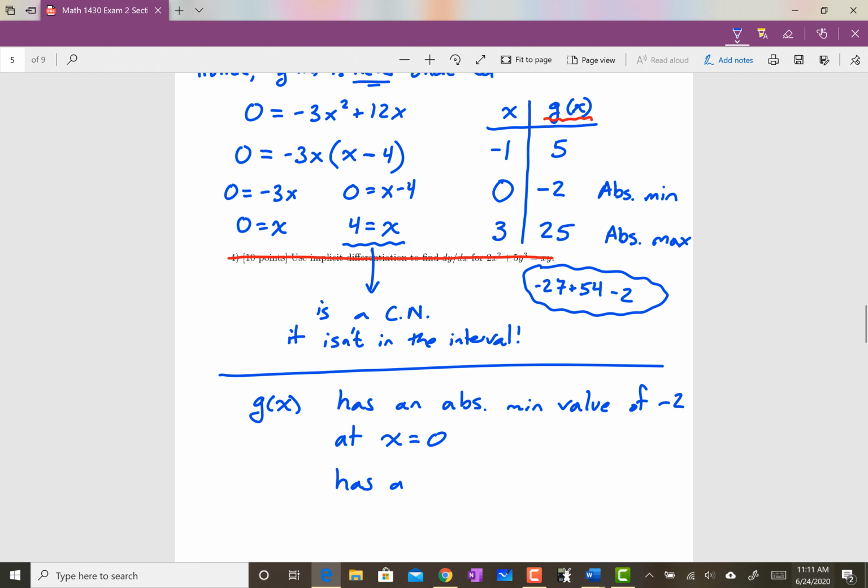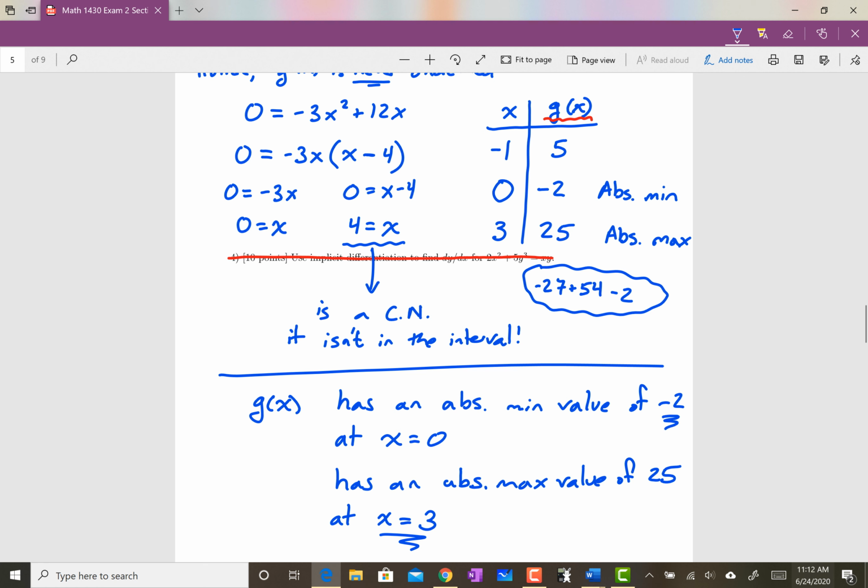And it has an absolute maximum value of 25 at x equals 3. So the x value is where it occurs.